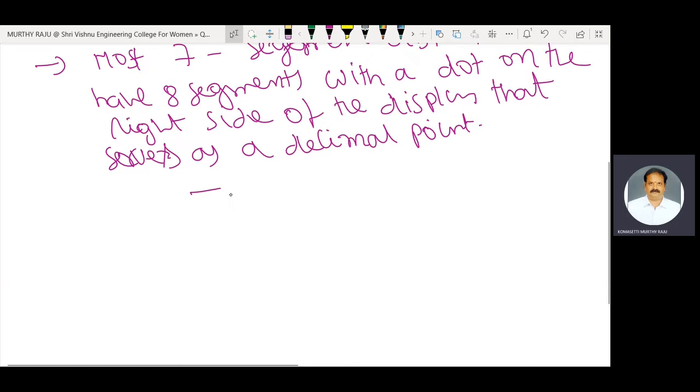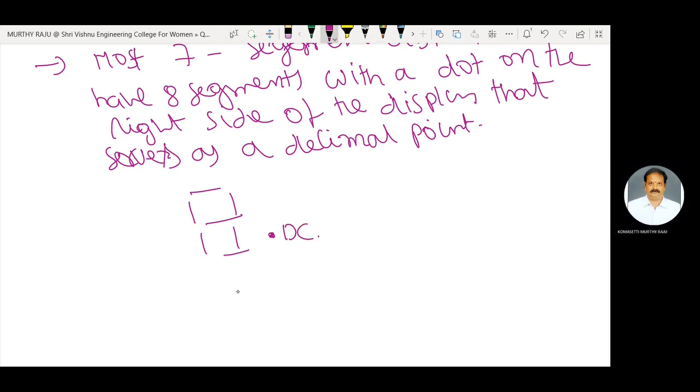This one is the 8th number and some decimal point here.